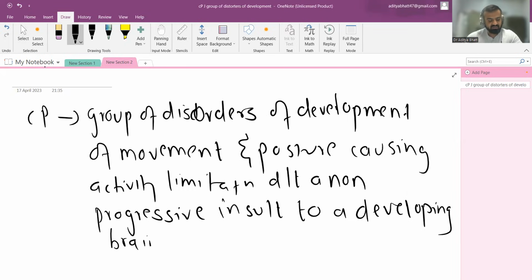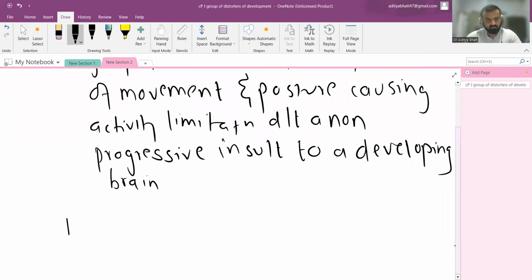So this is the primary definition of CP, and there is an additional part on the motor disorders.